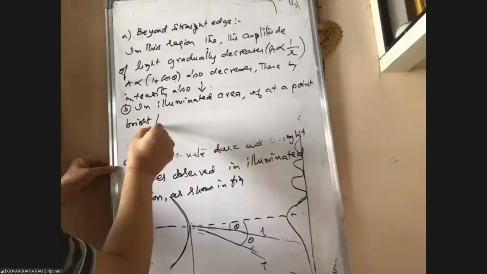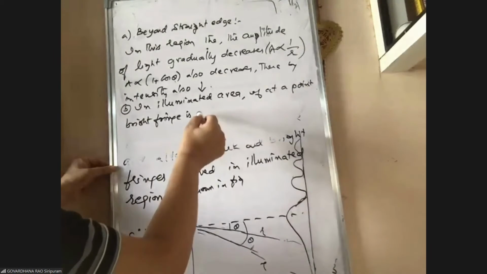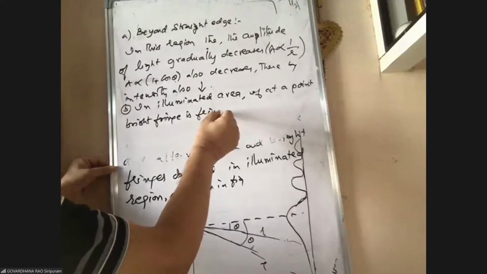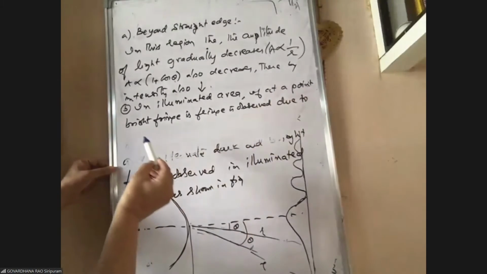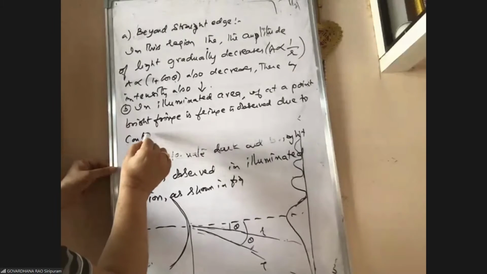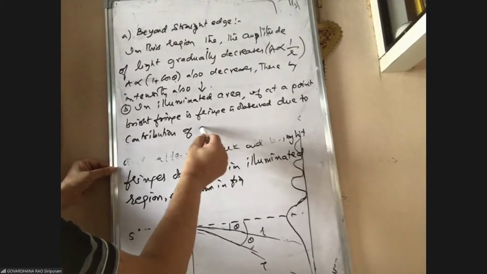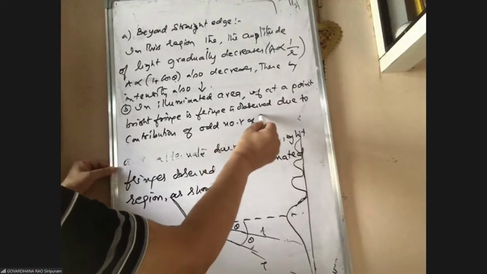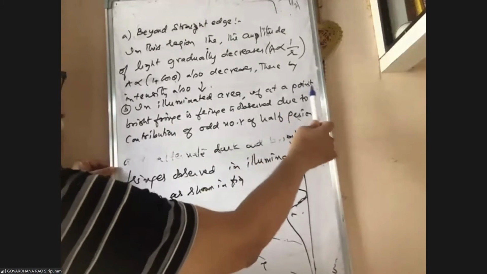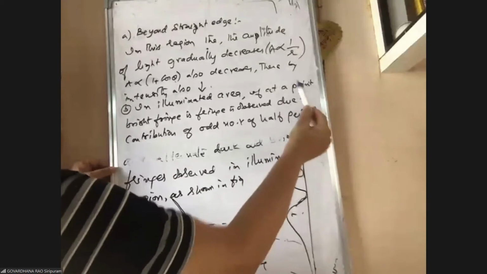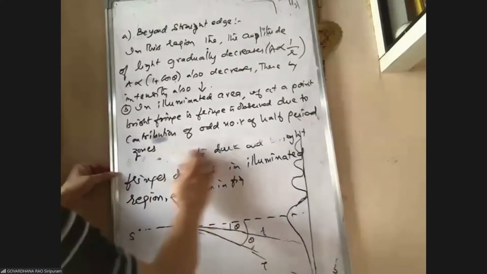If at a point bright fringe is observed in the illuminated area, it is due to the contribution of odd number of half period zones.